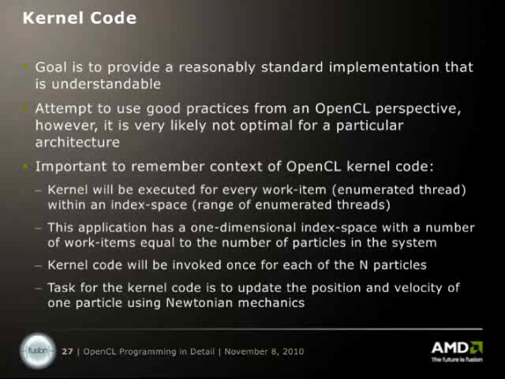So this application has a simple one-dimensional index space, with the number of work items equal to the number of particles in the system. As I said, the kernel code will be invoked once for each of the n particles, and its task is to update the position and velocity of one particle using Newtonian mechanics.